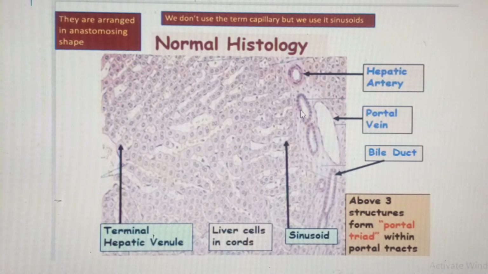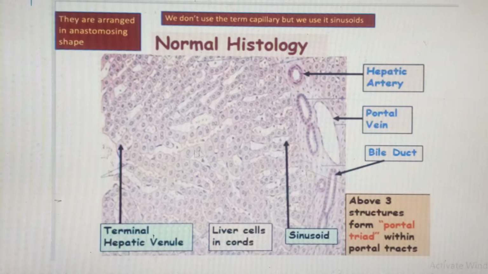The common bile duct joins the major pancreatic duct of Wirsung at the ampulla of Vater, to open into the second part of the duodenum at the major duodenal papilla. So that is how the bile flows, opposite to where blood is flowing.